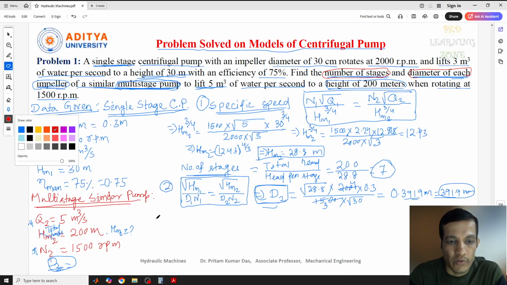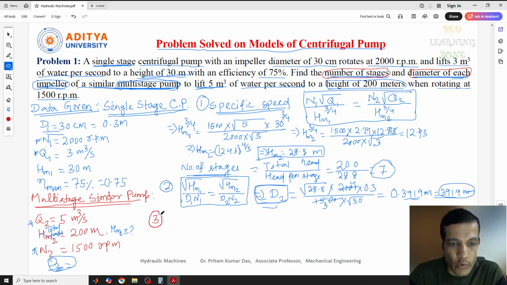Okay, now suppose the third case will be given to calculate the power required, or power developed, or how much power is required to run this pump, and what will be the power at the prototype conditions given. So for that case, which formula can be used?